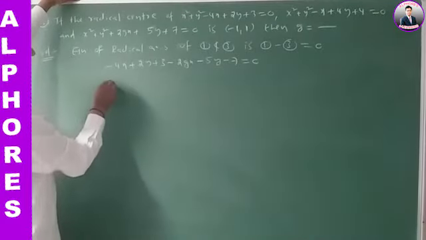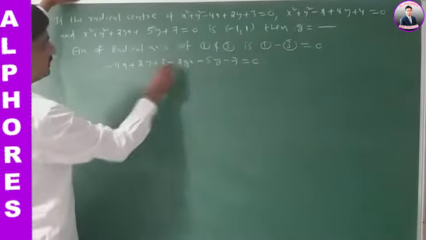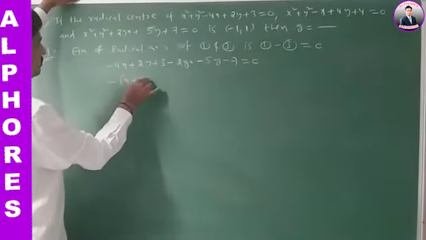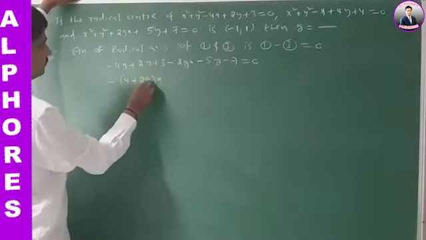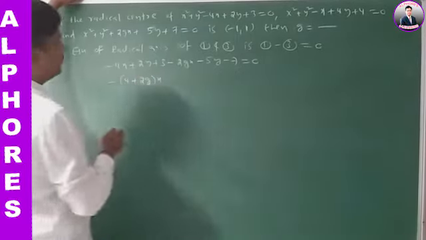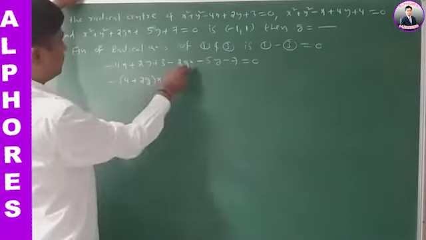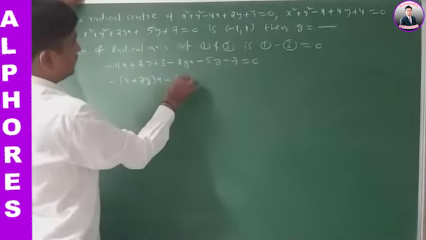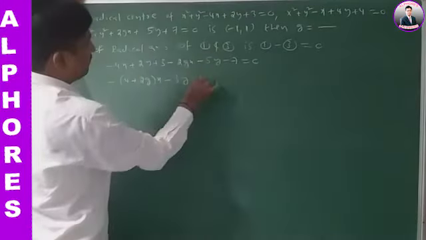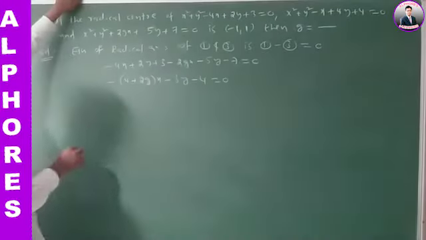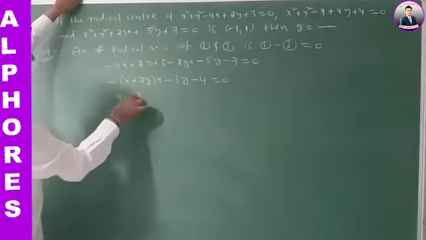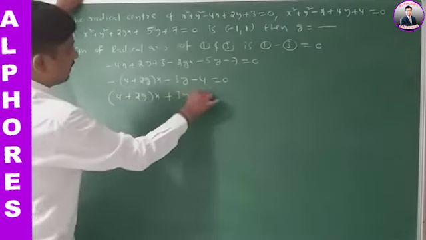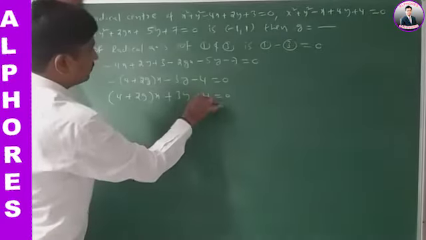Here minus 4x minus 2gx is minus of (4 plus 2g) into x. 2y minus 5y is minus 3y. 3 minus 7 is minus 4. Now it is (4 plus 2g) into x plus 3y plus 4 equal to 0.